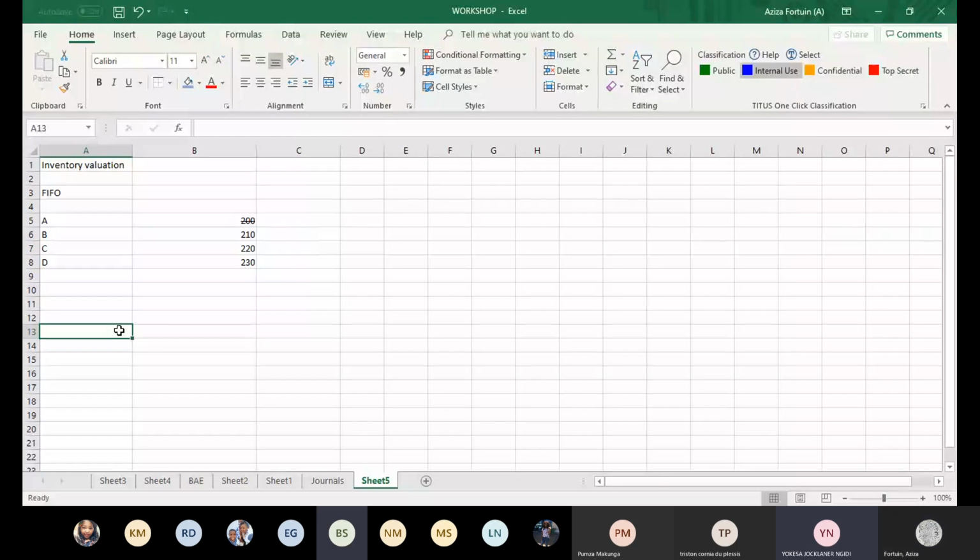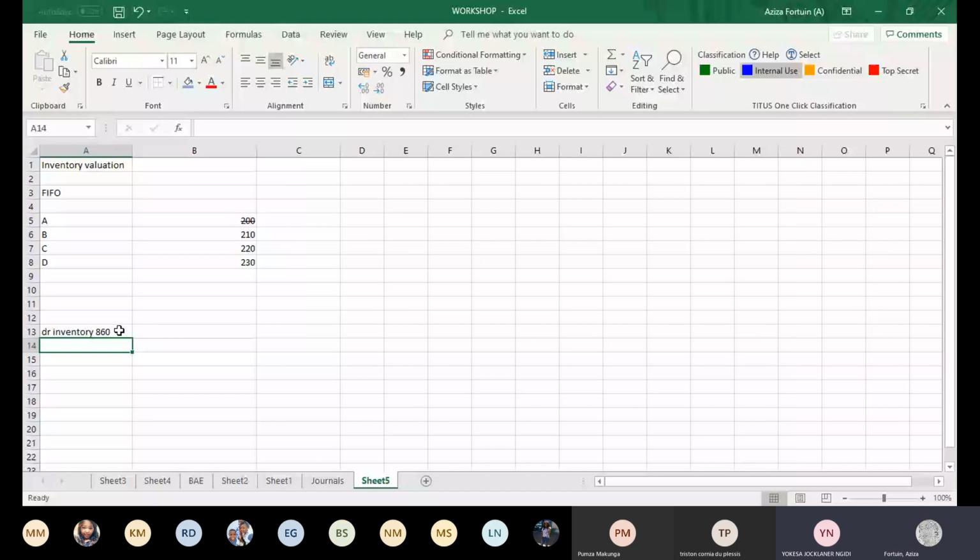So one account needs to be debited. Am I correct? Yes, you're 100% right. Okay. So I will say inventory, with inventory 860. So the other account, I can say inventory on dolls or inventory.